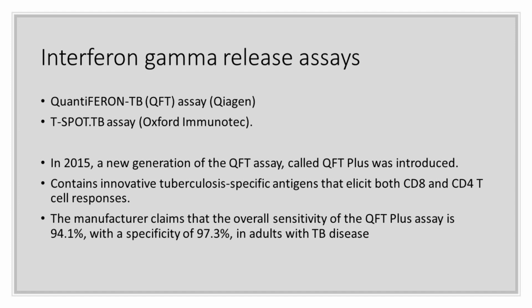QuantiFERON-TB Gold used to give false negative results in children less than 5 years, but now with Gold Plus, you can use it up to 2 years. So this is supposed to be the most effective test currently available. We are doing a trial right now of latent TB with QuantiFERON-TB Gold, looking at the incidence of latent TB in these children.